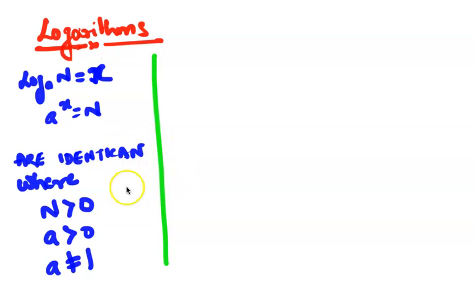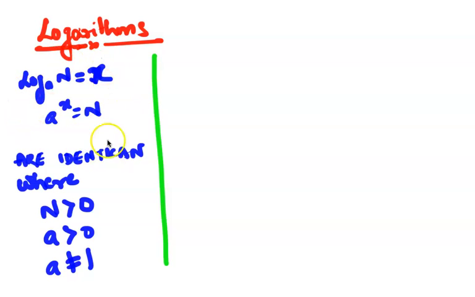Welcome back. So in the previous video, when we were defining logs, this is what we defined. We say log n to the base a is equal to x is the same as a raised to the power of x equals n.